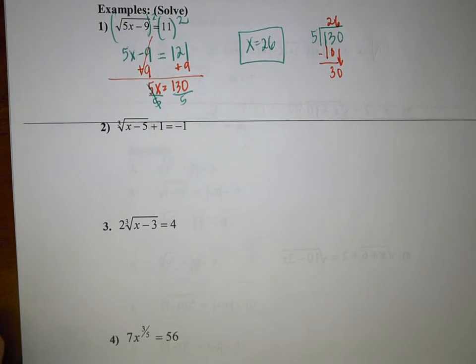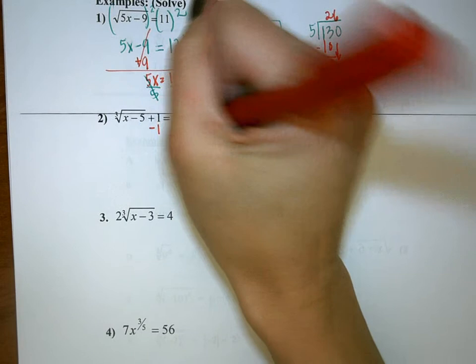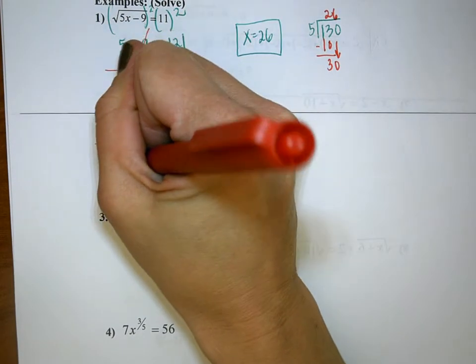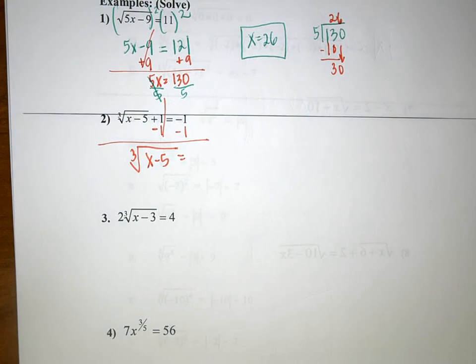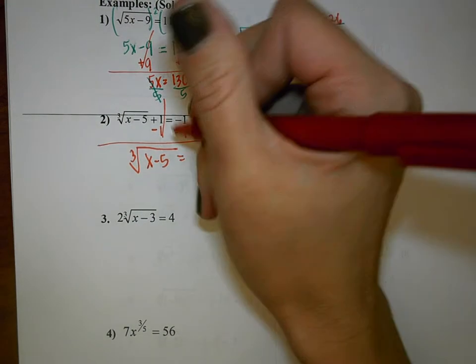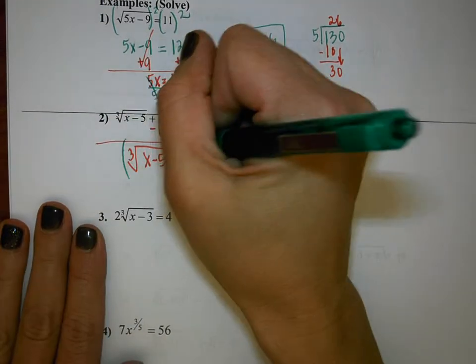Okay, is my radical or root by itself? No, you can move it a little. Good. So in order to get rid of this plus 1, we are going to subtract 1 from both sides. So now I have the cubed root of x minus 5 equals, and -1 and -1 makes -2. Okay, is my root by itself now? Yes. So what will I do in order to get rid of that root? Good. We have to cube it because this is a cubed root.